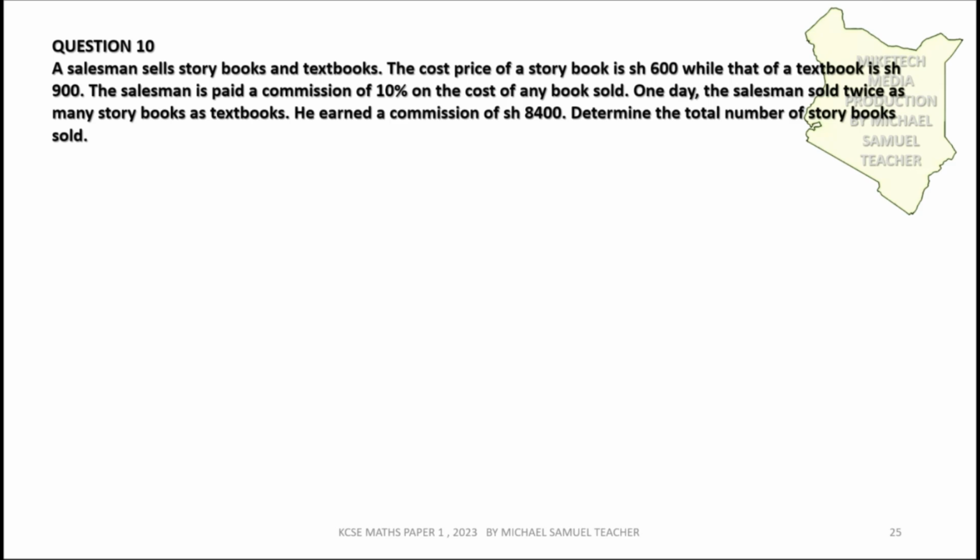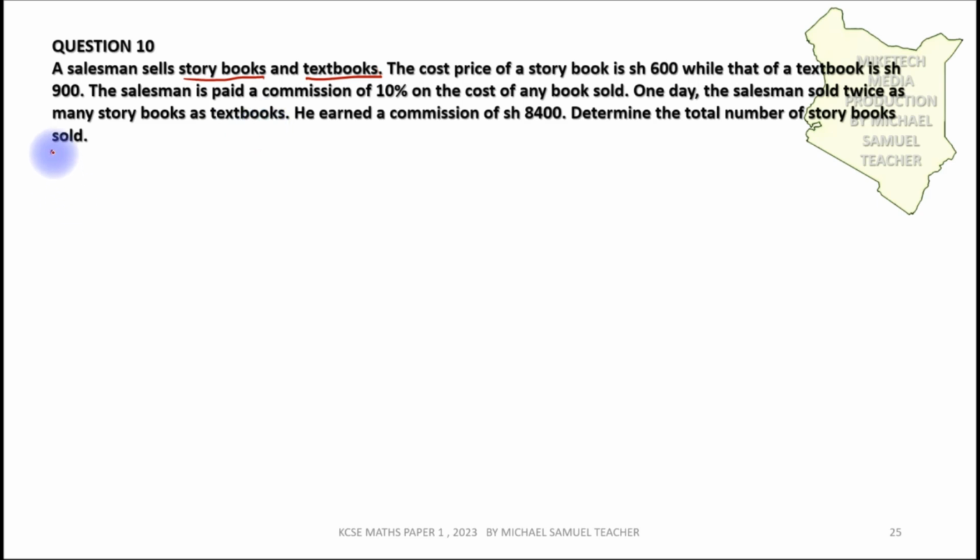So from here, we sold storybooks and also textbooks. The cost price of a storybook was 600 shillings. That of a textbook was 900. And then he gets this commission on the cost of any book sold. That day the salesman sold twice as many storybooks as textbooks, so the storybooks sold were twice that of textbooks.